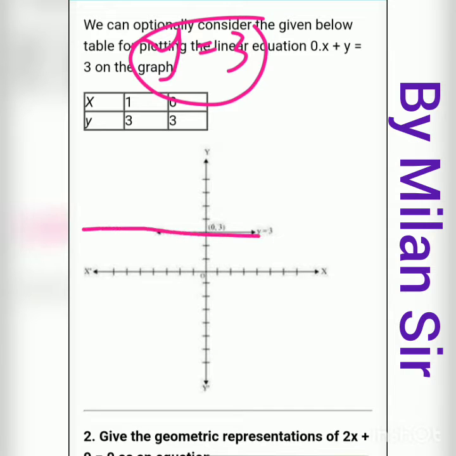So here we get one horizontal line which is parallel with the x axis. If y is constant, we get a line parallel with the x axis, and if x is constant, then we get a line which is parallel with the y axis.